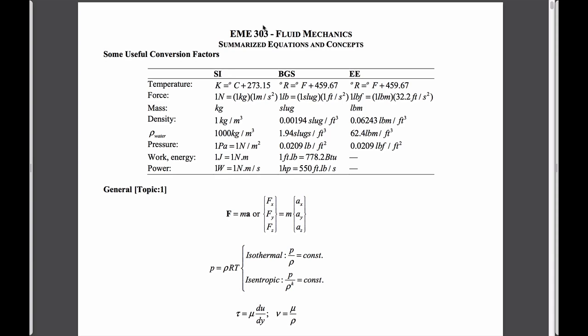They are manometry and fluid pressures at a point. What's that mean? And material properties. So, viscosity, surface tension, and compressibility. Such things.